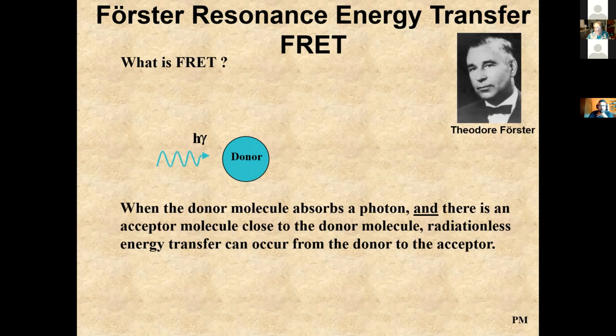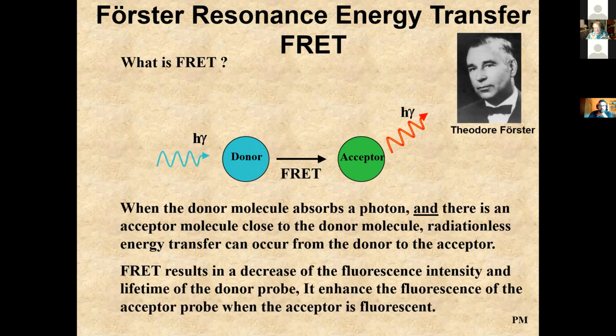But if you have an acceptor molecule, which has the right characteristics nearby, we'll define what we mean by that soon, you can have transfer of excited state energy, radiationless transfer from the donor to acceptor, and the acceptor fluoresces. If the acceptor is a fluorophore, you can have a dark acceptor. You don't need to have a fluorescent acceptor.